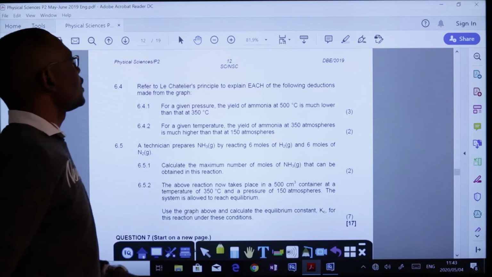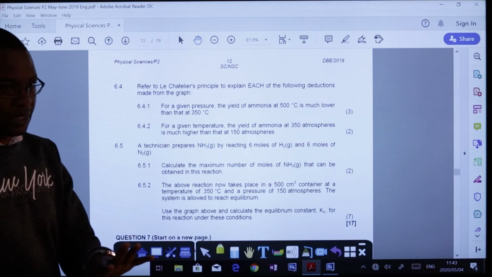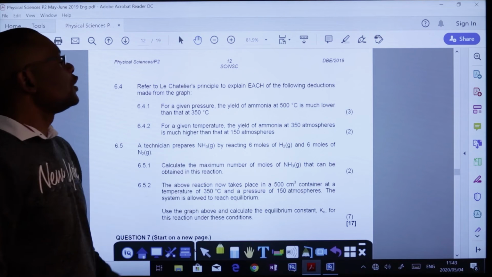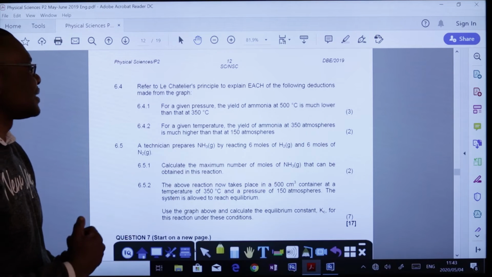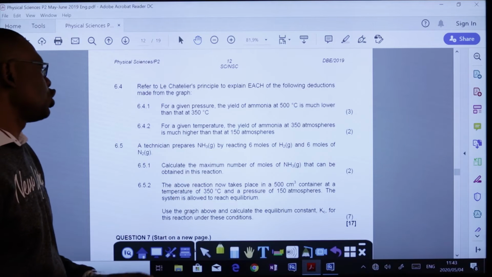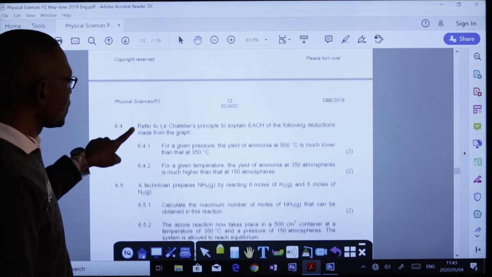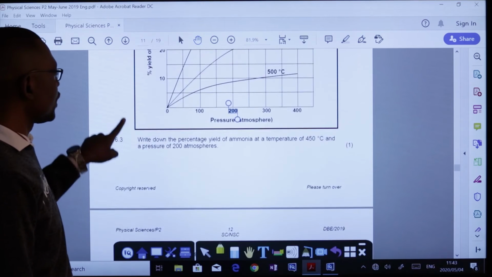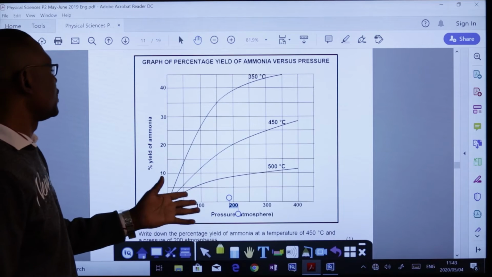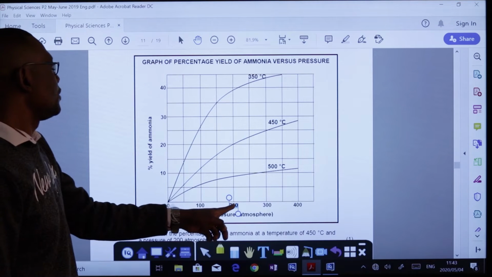So here we are saying that for a given pressure, meaning that pressure is constant, the yield of ammonia at 500 degrees Celsius is much lower than that at 350 degrees Celsius. We can randomly pick any pressure here.